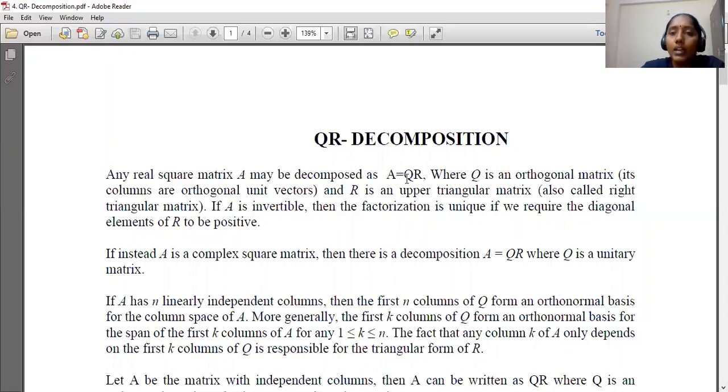Now here, A has some linearly independent eigenvectors. So how can we reduce those eigenvectors into an orthogonal matrix?